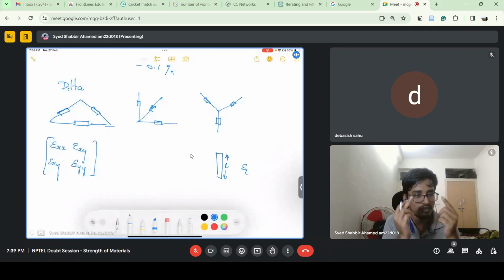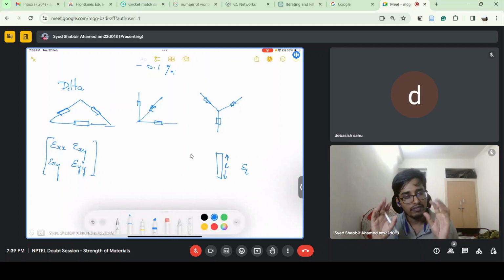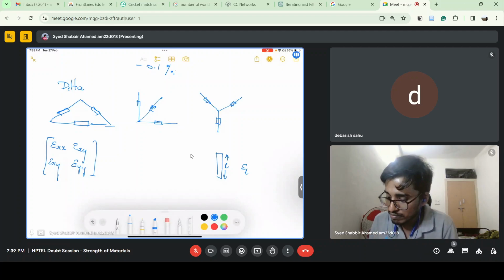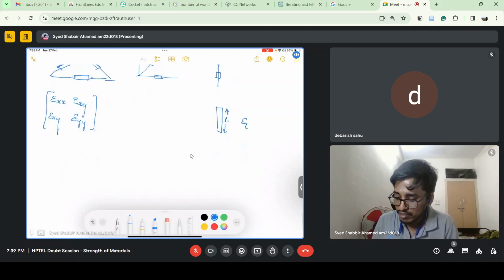Though I am not attaching it at a single point, because the distance between the strain gauges is very small. If you have seen the lectures, the professor has shown strain gauges which are very, very small, and the distance between them is very less. We can say that this is a very small region, and you are calculating the state of strain at that point.